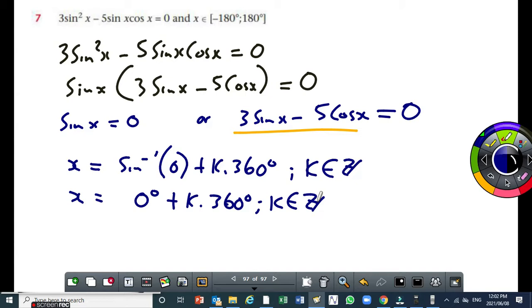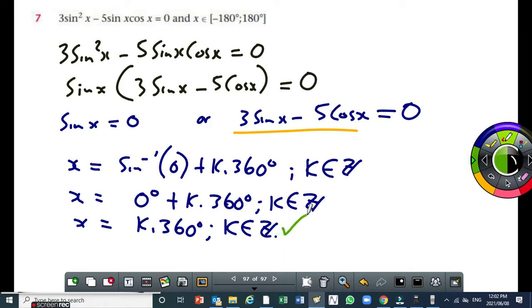Right? What this means is that we can write the general solution. The first one is x equal to k times 360 degrees. This will be the first general solution. The second one, you subtract the reference angle from 180, and the reference angle is this.